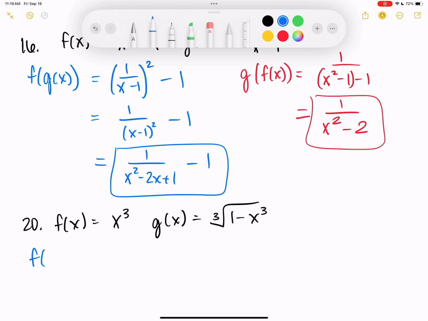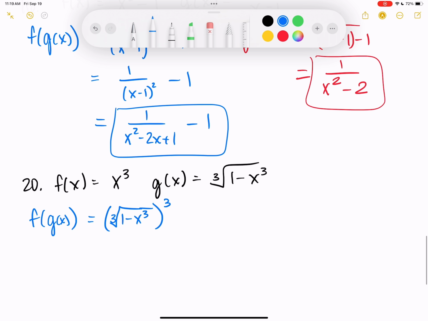So f of g of x, putting in the equation from g of x for x in f of x. So that's going to be the cube root of 1 minus x cubed, and then that whole thing is cubed. The cube and the cube root offset each other, and so I'm left with 1 minus x cubed.